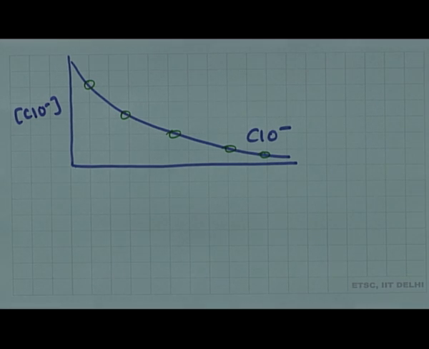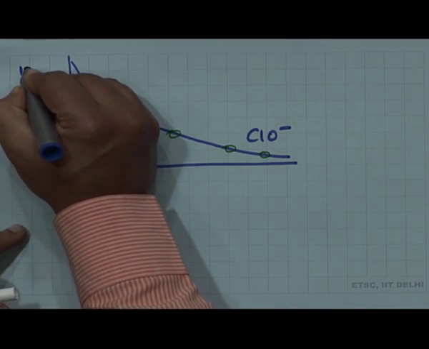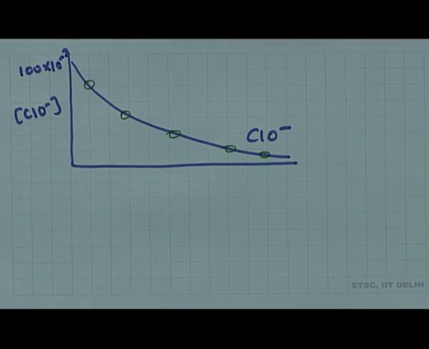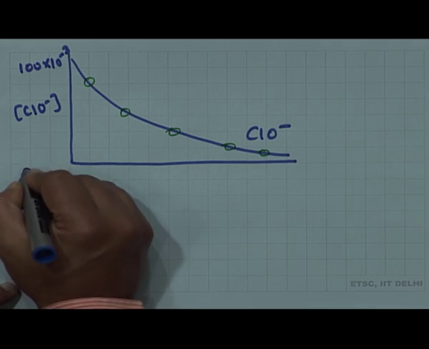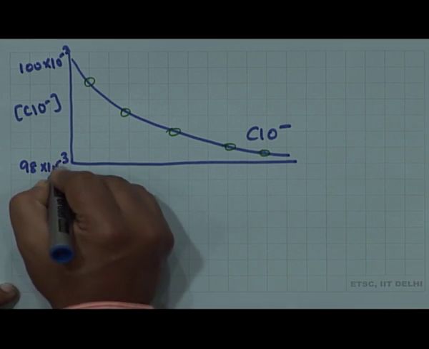Now, the way I am labeling my y axis, at least in terms of the numbers, is the following, that I say it is 100 times 10 to the power minus 3. Okay. So, that is 100 times 10 to the minus 3, which is 0.1, and here I say 98 times 10 to the power minus 3.